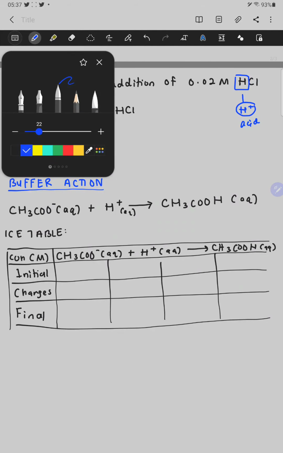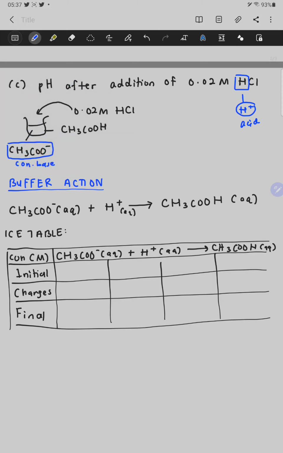Right, and then the initial concentration of conjugate base inside the buffer adalah 0.24 molar. Ingat, kita kira ini pada part A tadi. Right, and then concentration of H+ ini disebabkan dia coming 100% from the HCl, so concentration is 0.02 molar.